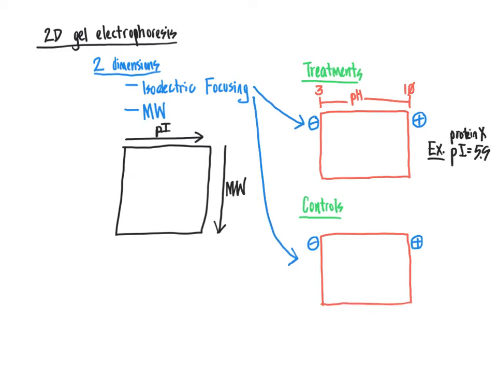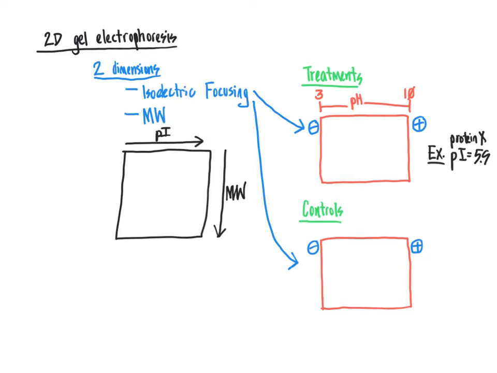Keeping in mind that the pI value is equal to the pH where the net charge on that protein is 0, that is the pH at which that protein will cease moving in the gel.